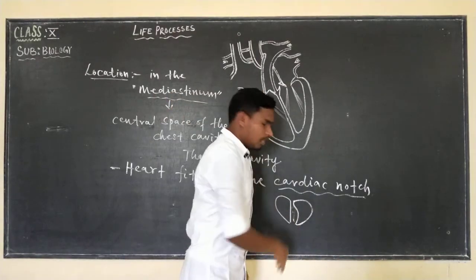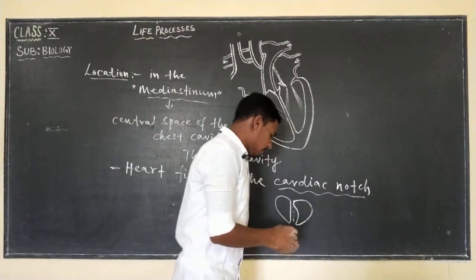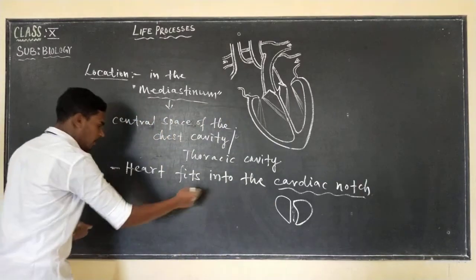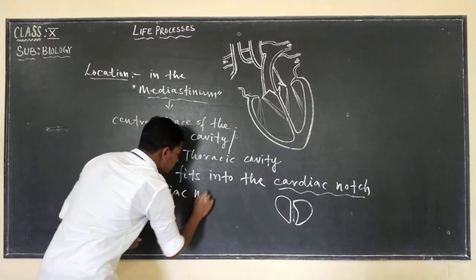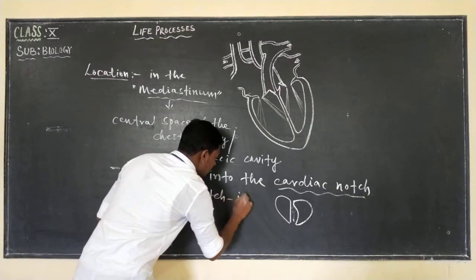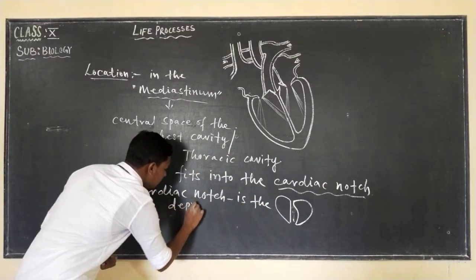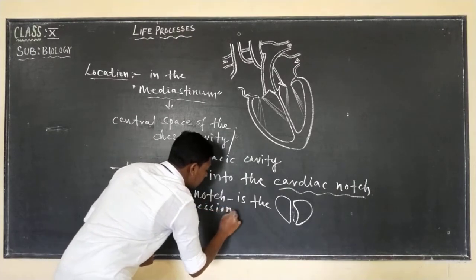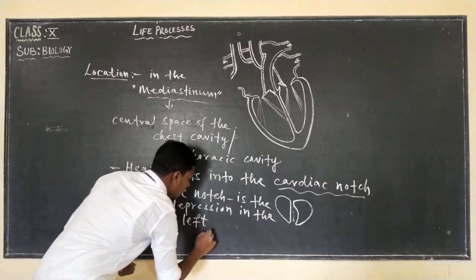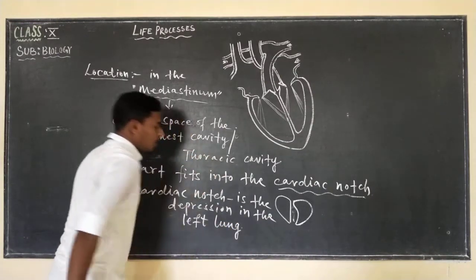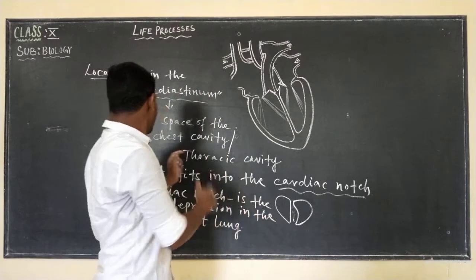So the heart fits into the cardiac notch, the depression in the left lung where the heart fits. So this was our location.